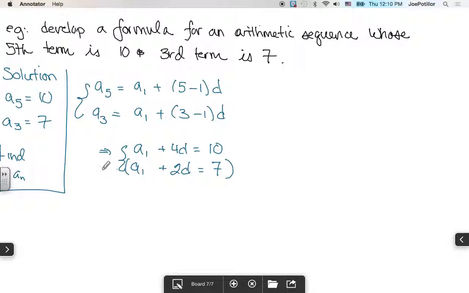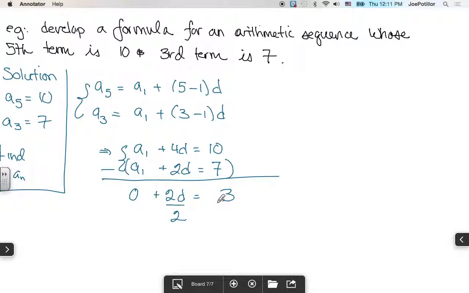If I subtract these two rows, that becomes 0 plus twice d is equal to 3.